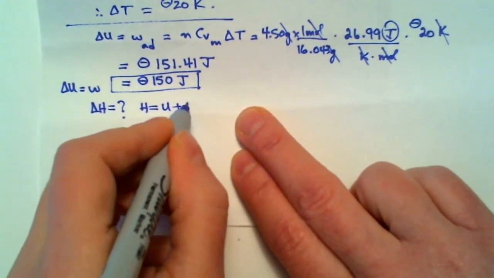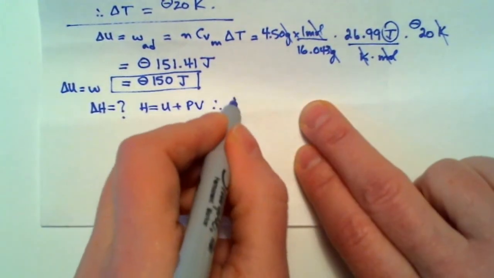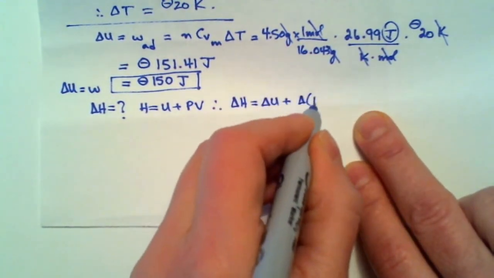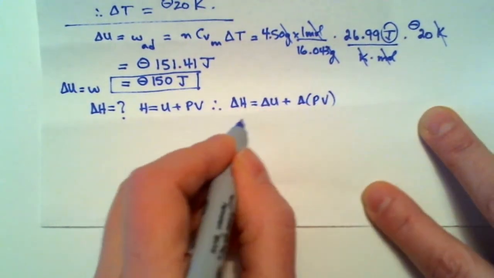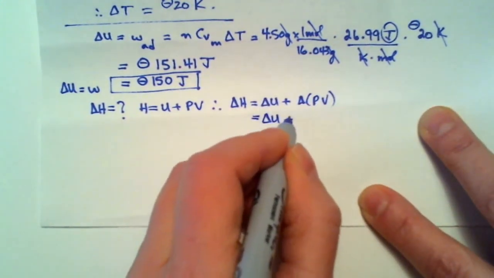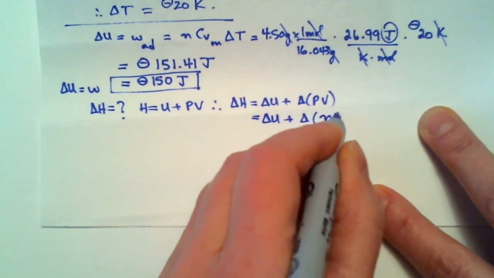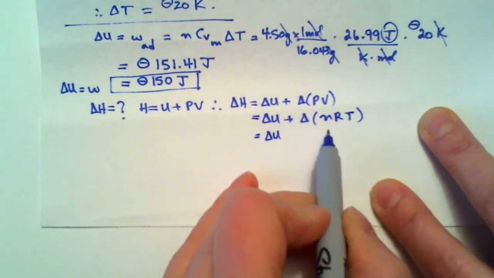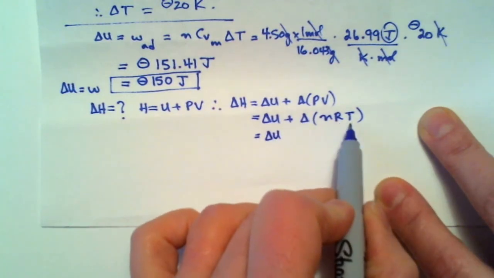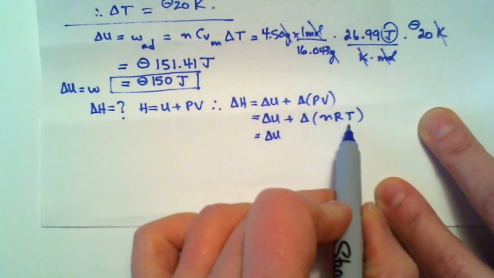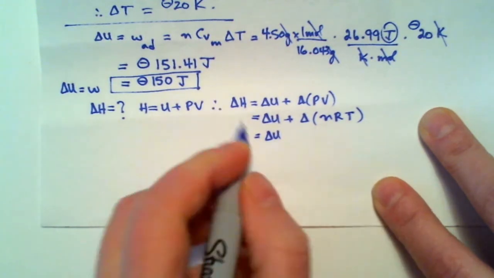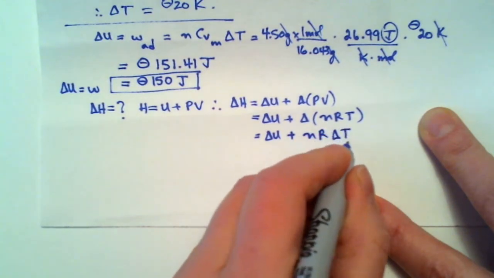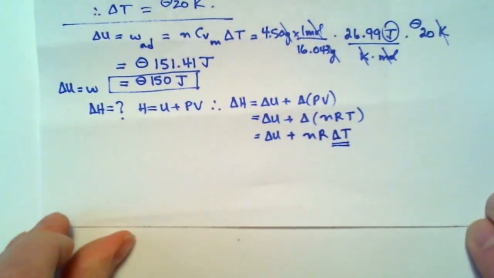H is equal to U plus PV. Therefore, delta H is equal to delta U plus the delta of the PV. And we'll write that as delta of the nRT. And that means I've got N2RT2 minus N1RT1. N and R are constant, so it's really NR delta T, and as I said, very important in the adiabatic change.